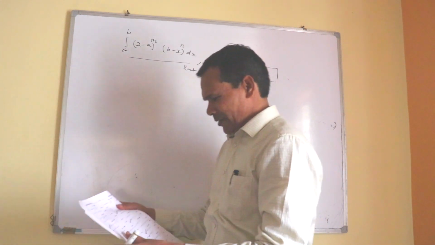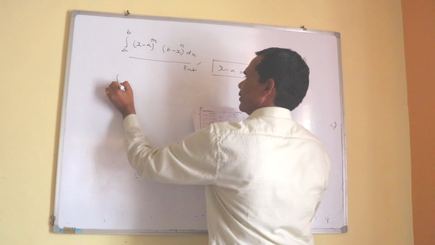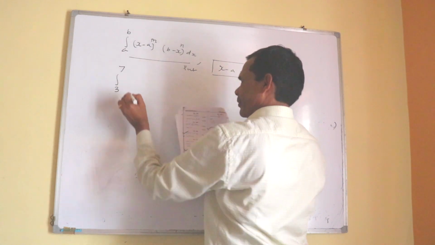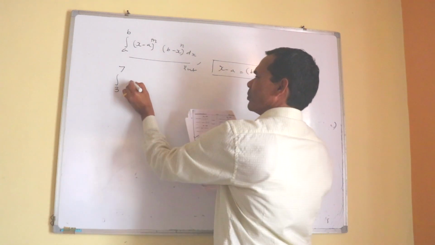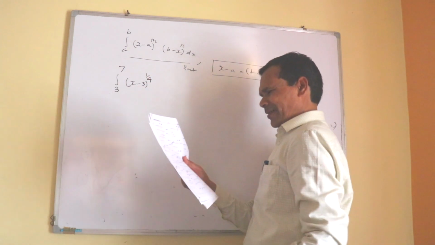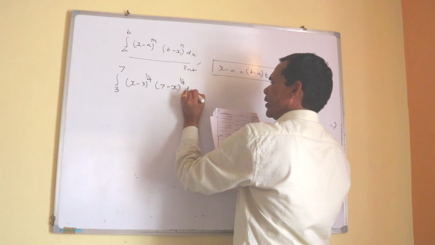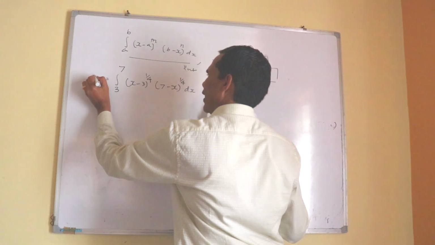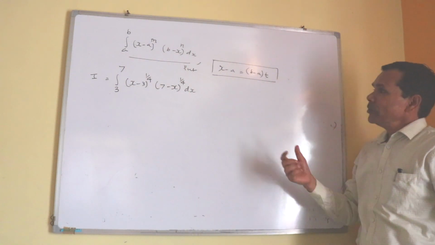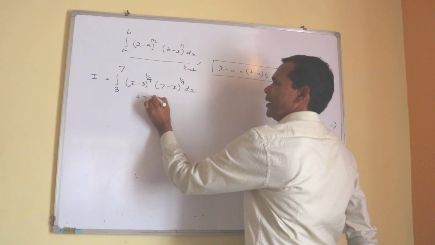One example: evaluate the integral from 3 to 7 of (x minus 3) raised to 1 by 4 times (7 minus x) raised to 1 by 4, dx. Suppose I would like to find the value of this integral. Then it is of this particular form, so naturally a is 3 and b is 7.